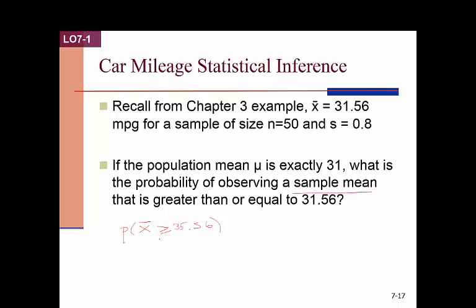So if I know my sample mean is 31.56, then maybe I can convert this to a z-value. And we know that z is equal to x bar minus mu divided by sigma over square root of n. So this is equal to 31.56 minus 31 divided by 0.8 over square root of 50.